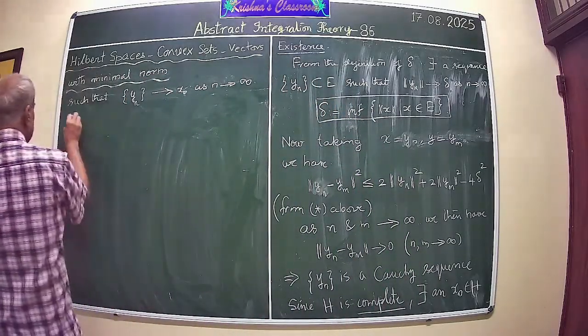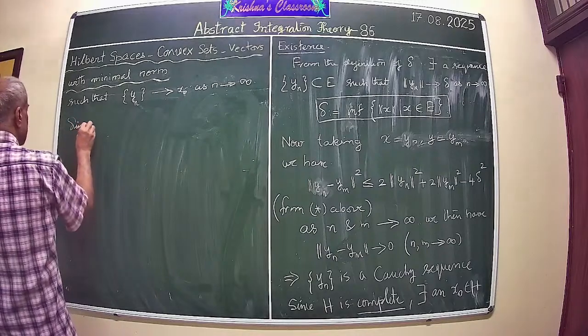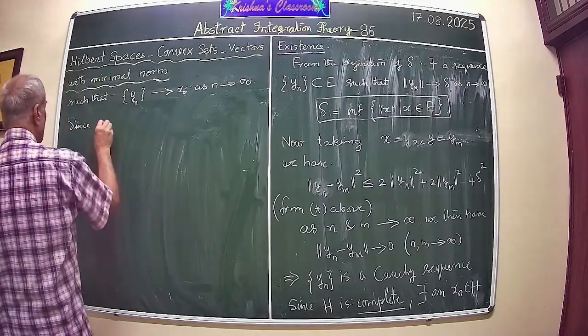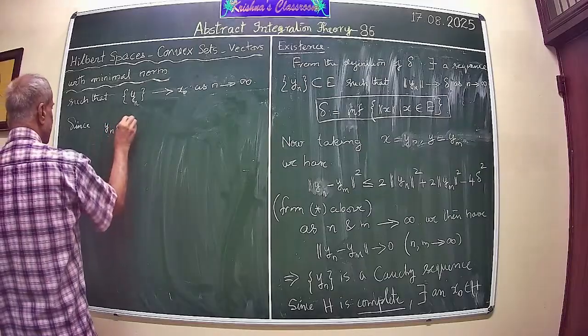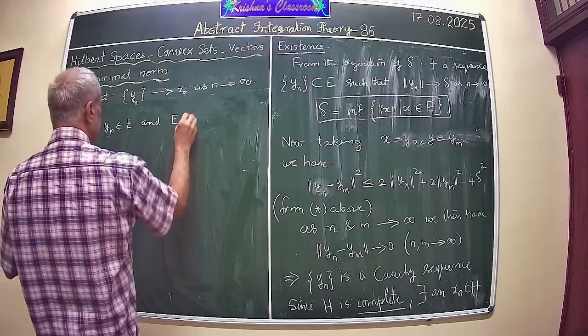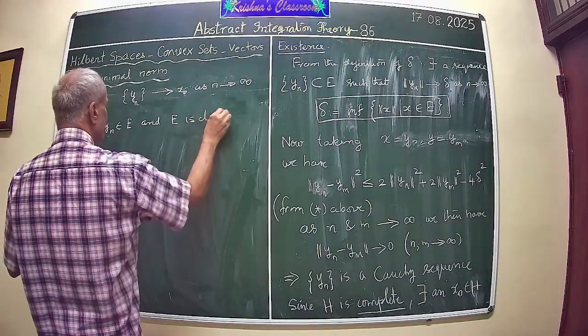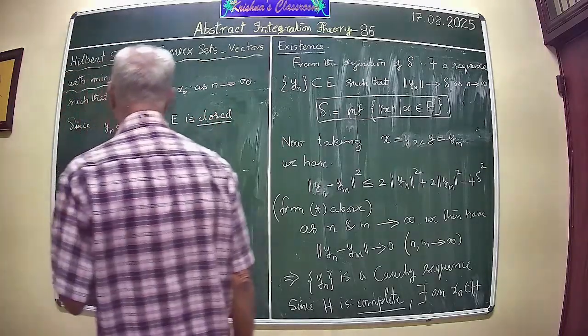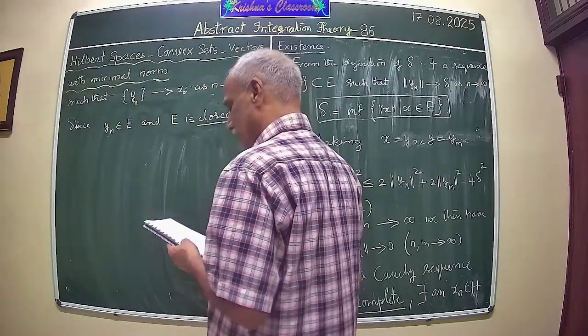Now since the closedness of E comes in, since Yn belongs to E and E is closed, this is where the closedness of E is relevant.